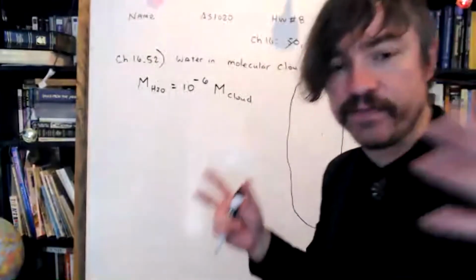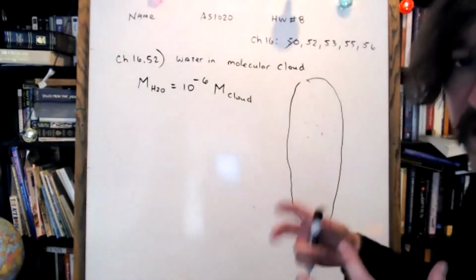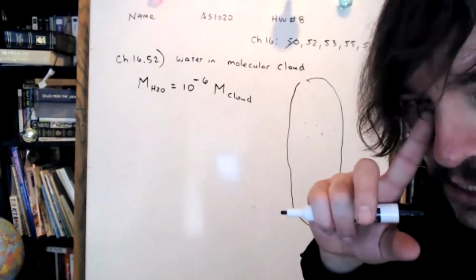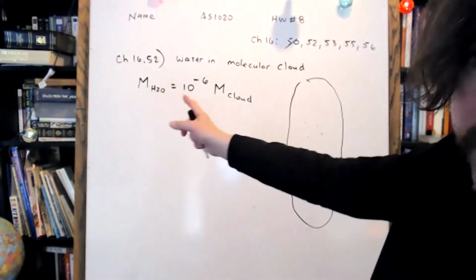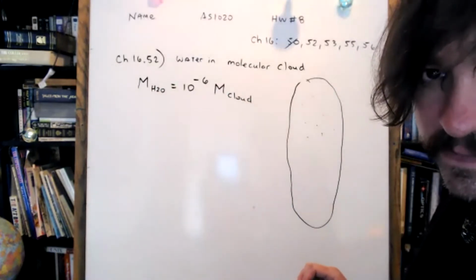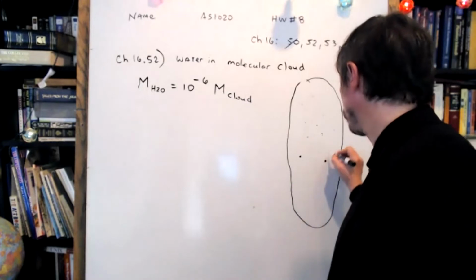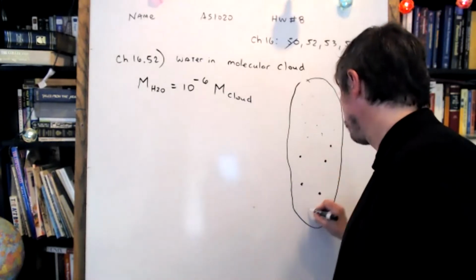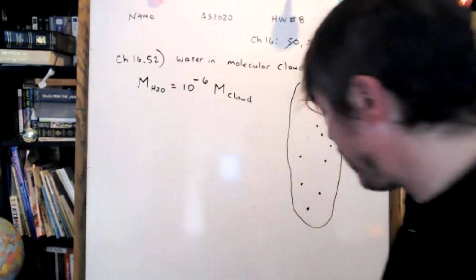Learning how to translate from words to math is one of the key skills that a scientifically literate person can do. So the mass of water represents only 1/1,000,000th of the total mass of the cloud, right, Kiana? Yes. So watch how I represent this. I'm going to draw a big old molecular cloud, and I'm putting a bunch of black dots to represent, say, the hydrogen gas.